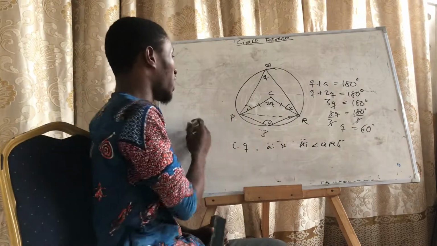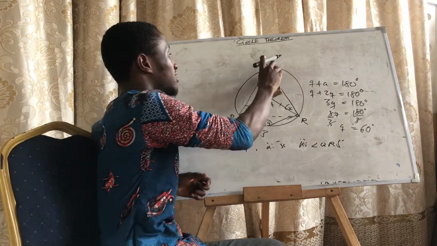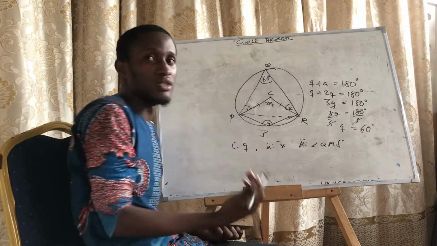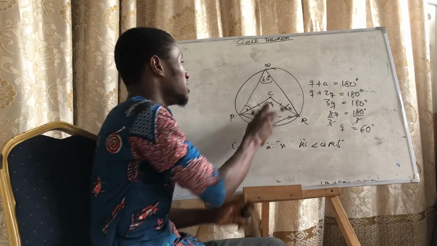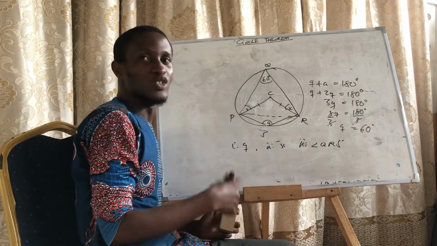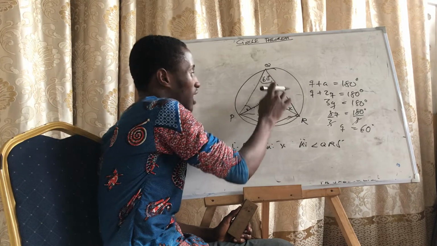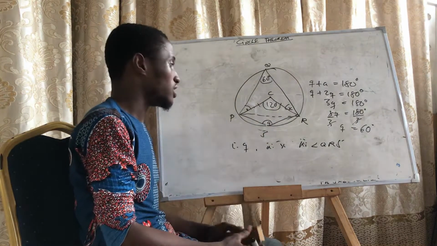So now we've been able to find q. If this is 60 degrees, it means this will be 120 degrees, true or false? Because twice the angle here is the angle here, so it will be 120 degrees.